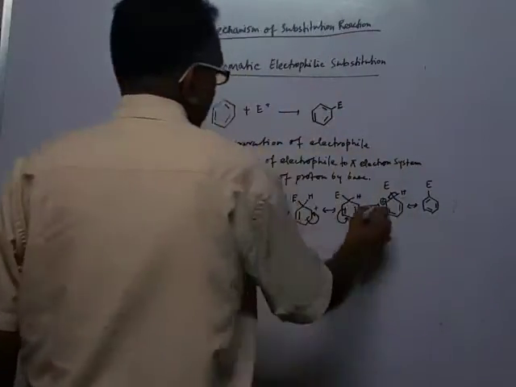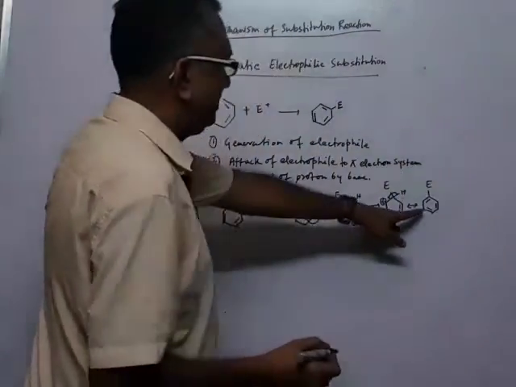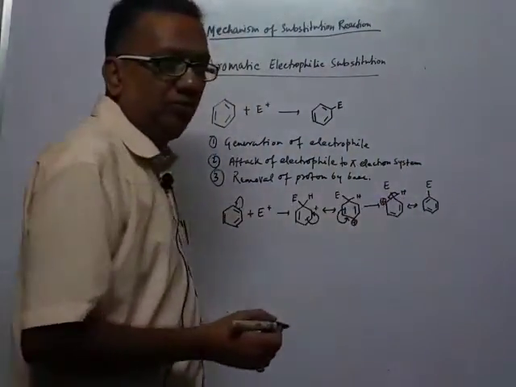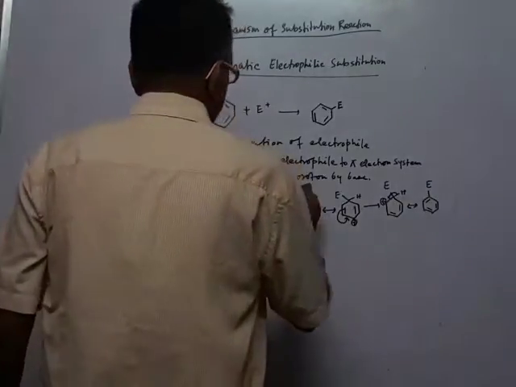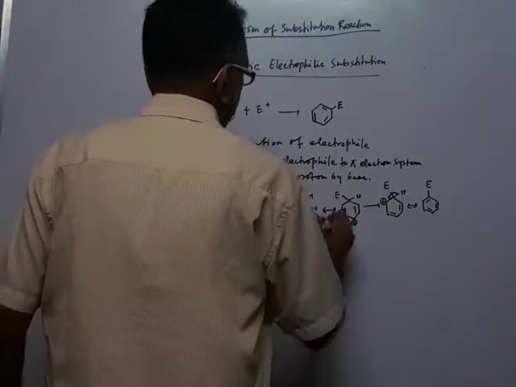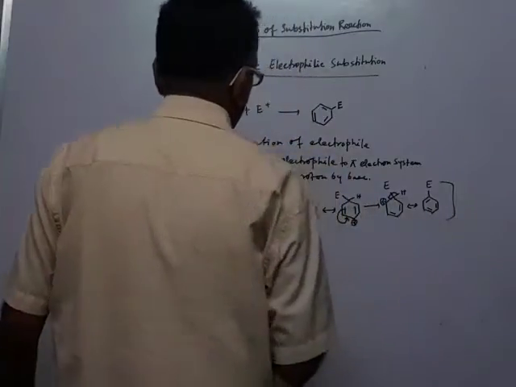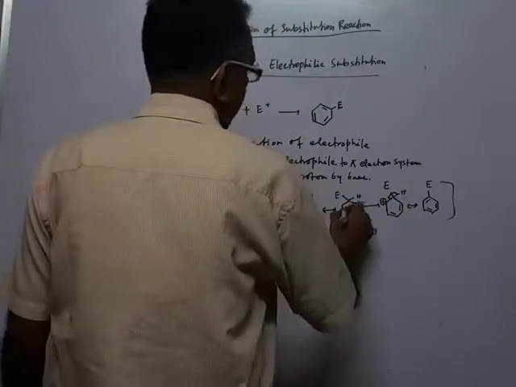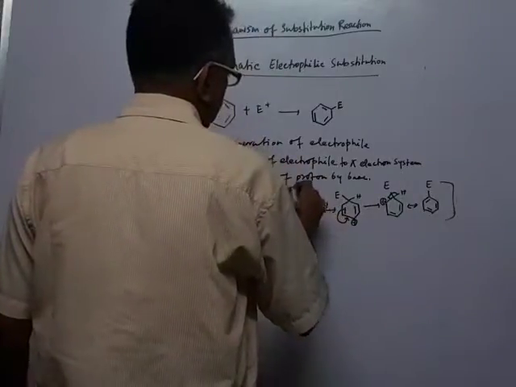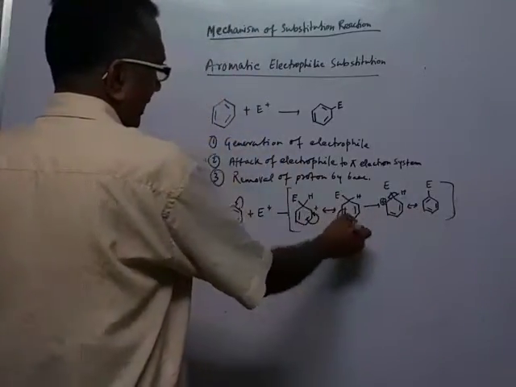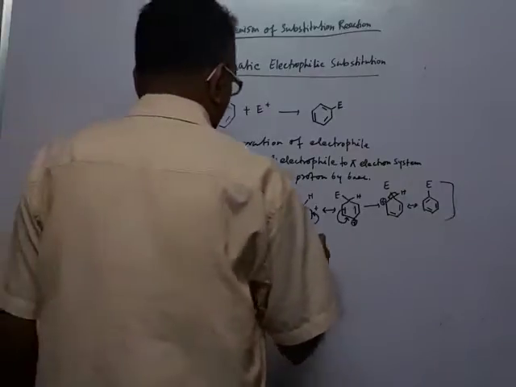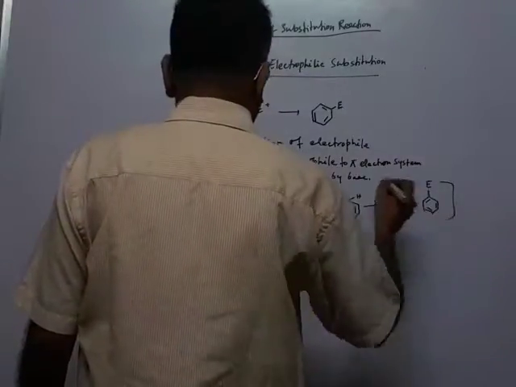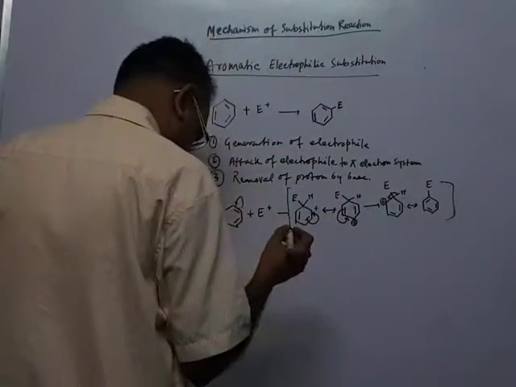In this species aromaticity is lost, which is further regained by elimination of this proton. And so these are the canonical forms, the resonating structures of the intermediate, which is formed by attack of this electrophile, and finally we are getting this substituted product.